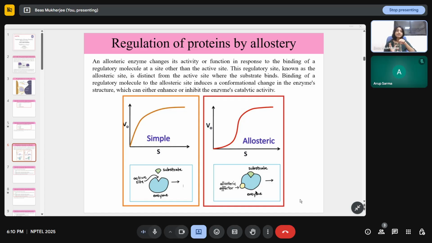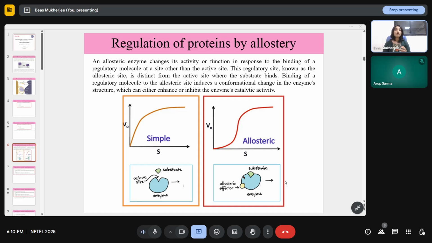At the active site, the substrate binds, right? But at a site other than the active site, you can look at this figure. There is the allosteric site where this allosteric molecule goes and binds. This regulatory site, known as the allosteric site, is distinct from the active site where the substrate binds.